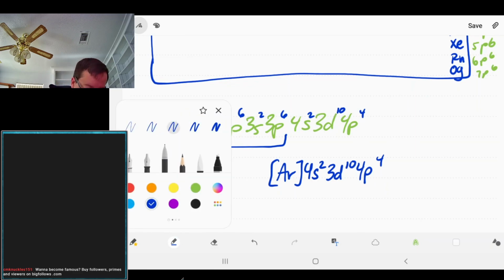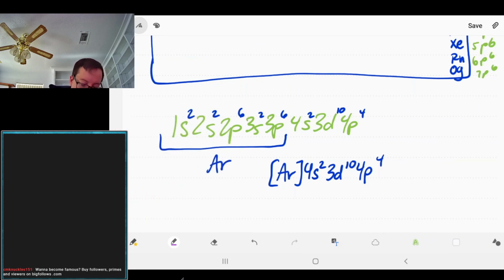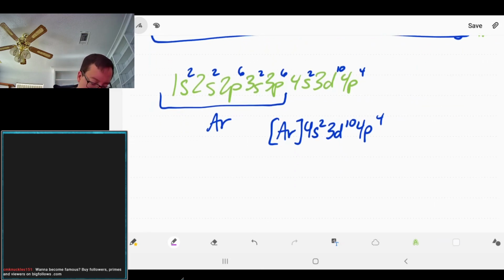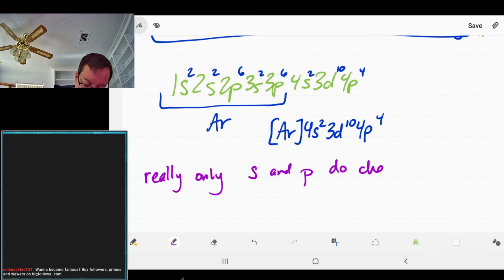The reason we could do this, I'm going a little bit ahead of stuff here, but really only s and p electrons do chemistry for us. So understanding that higher energy orbitals do chemistry, and really it's only s and p.